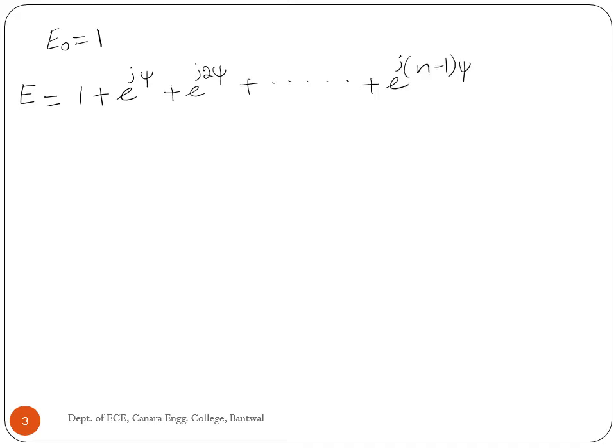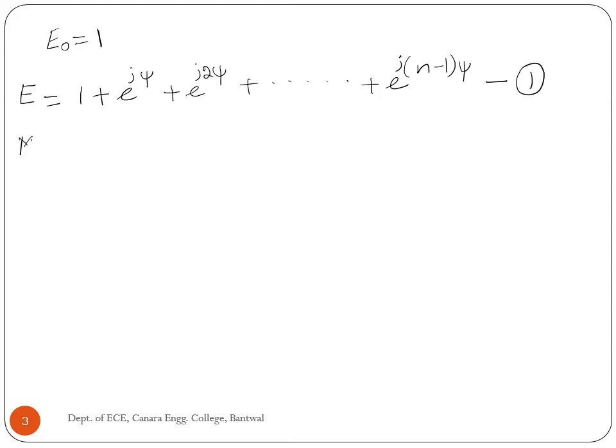If amplitude is taken as unity, then E naught equal to 1. Therefore, total field intensity E is equal to 1 plus e to power j xi plus e to power j 2 xi plus e to power j n minus 1 xi, equation number 1.